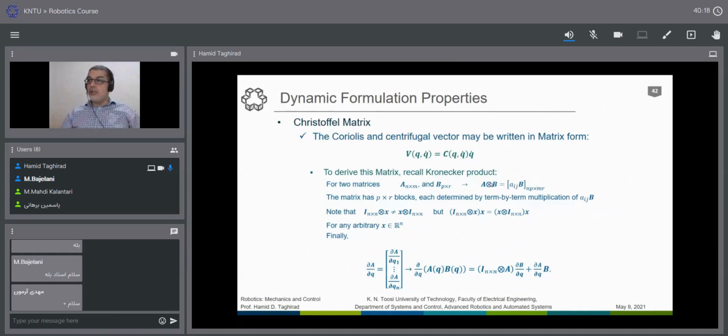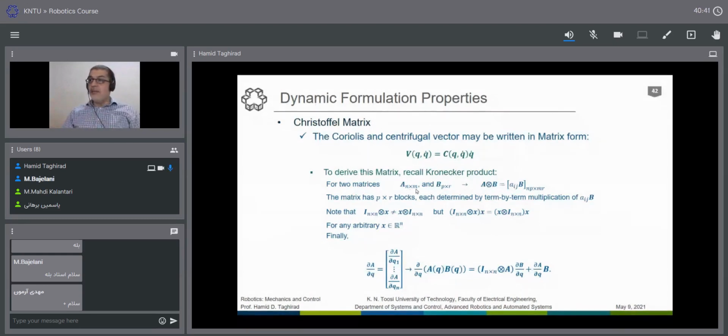A Kronecker product is when we have two matrices, A n by m, B p by r. We denote the Kronecker product by a circled cross. This means that we multiply all the elements together.